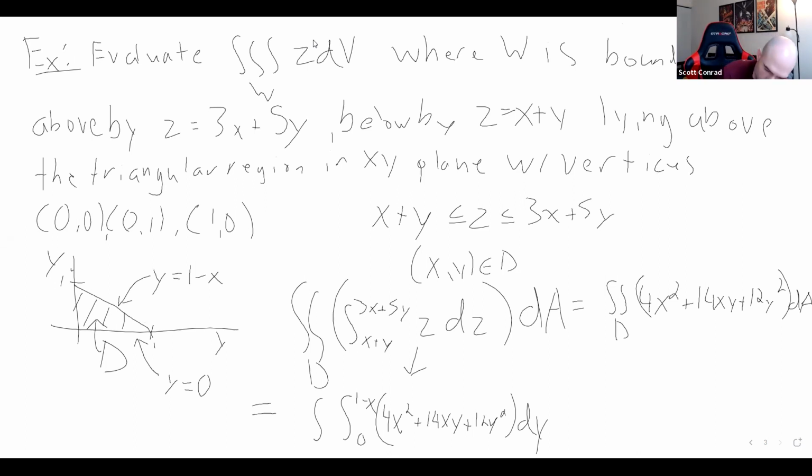So x goes from 0 to 1. And then that's another evaluation, which I'm not going to do. But if you wanted to check what you should get there, it's 23 over 12.